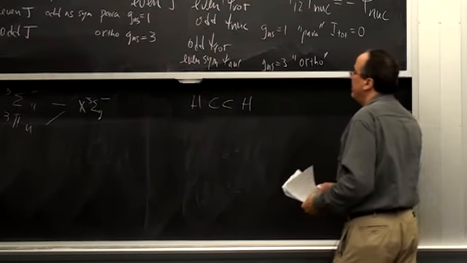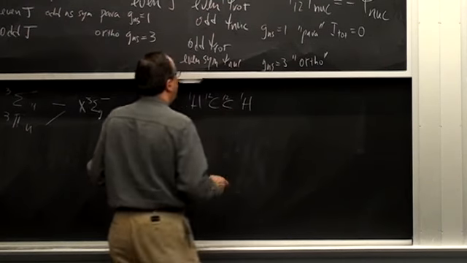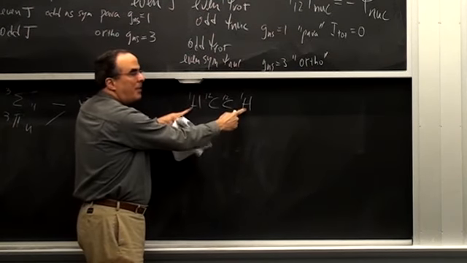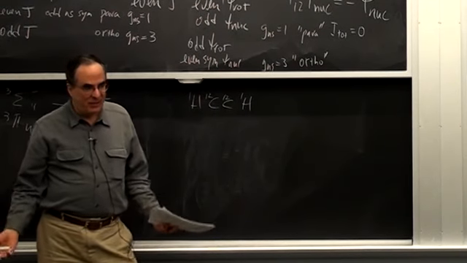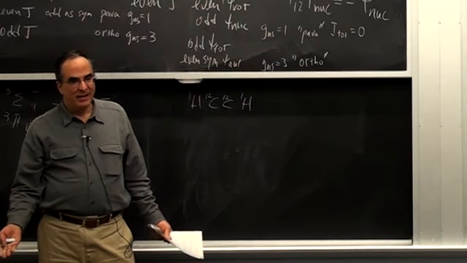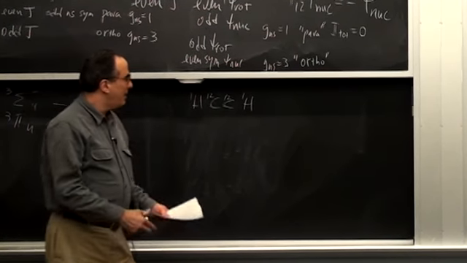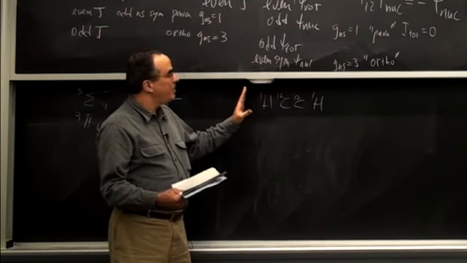Okay, so we have 2 bosons, 2 fermions. What do we do? How do we write rotational levels that are classified, that have the right permutation symmetry?